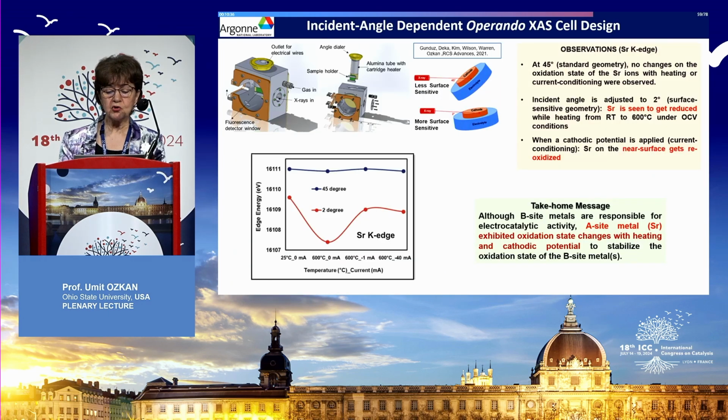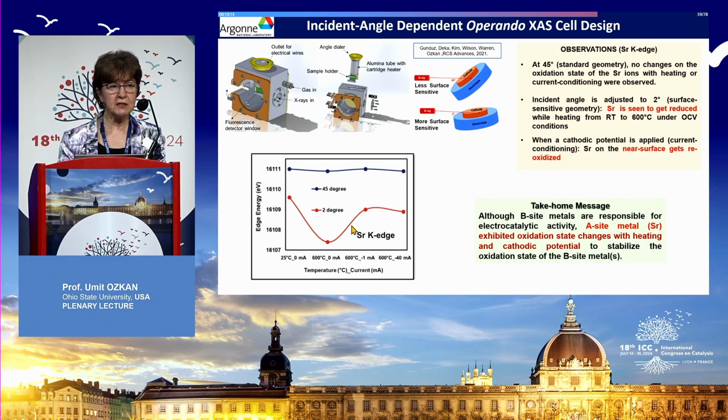Then we looked at strontium K-edge, and this first line shows the 45-degree incident angle. And as you can see, whether we're operating at 25 degrees C, zero current, high temperature, or with application of some current, it's pretty much constant.